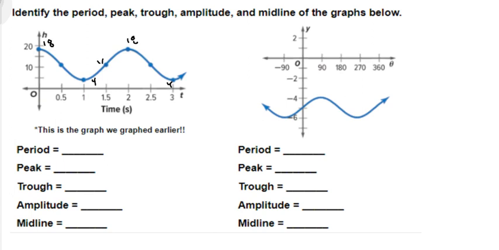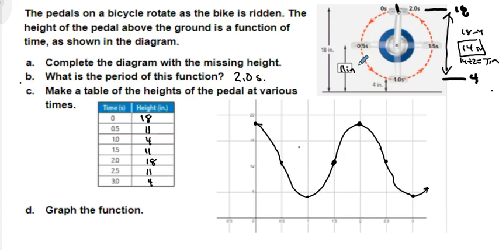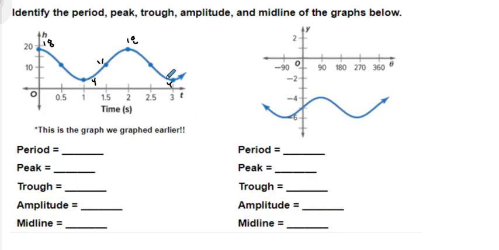If you look back at the original problem, the period would be the time it takes to go around one full time. You can get that from the graph also, from here to here, and it's 2 seconds. The peak is the highest point, so that's at 18 inches. Your trough is your lowest point, when the pedal's all the way down, and that's at 4 inches.